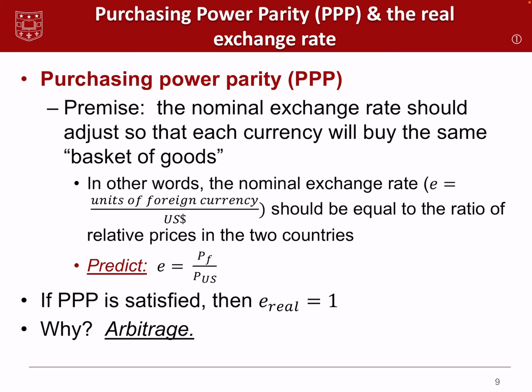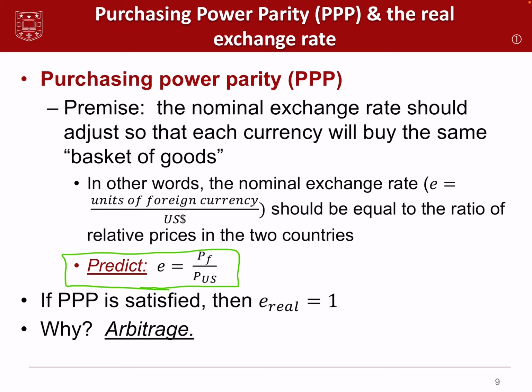Or, in other words, if we were going to form a prediction of what the nominal exchange rate should be, the nominal exchange rate should be the one that allows us to buy the same set of stuff in different countries once we've converted to the respective currencies. So our prediction is that the nominal exchange rate should take this value.